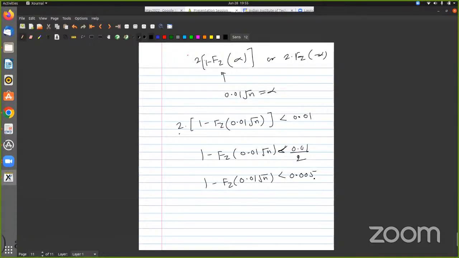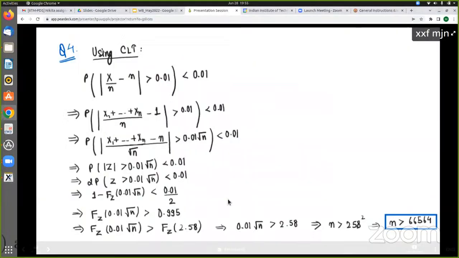And this term can come to the left hand side, so it will become 1 minus 0.005 less than fz of 0.01 root n, and this becomes 0.995. Okay, so these are the steps until here.